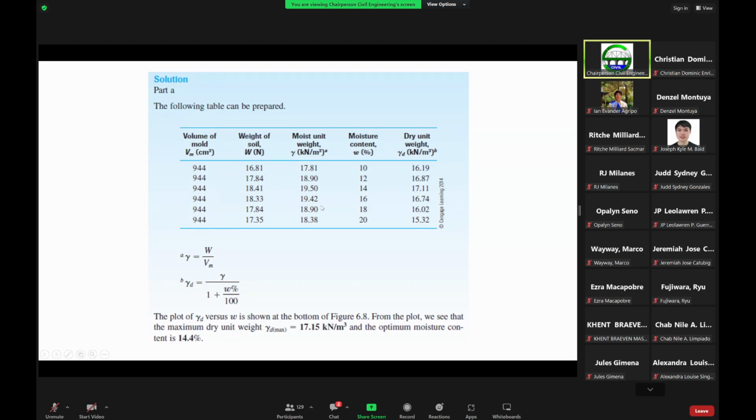Then we get these values here. With the moist unit weights and the corresponding moisture contents, by using this formula here, we can get the corresponding dry unit weights.